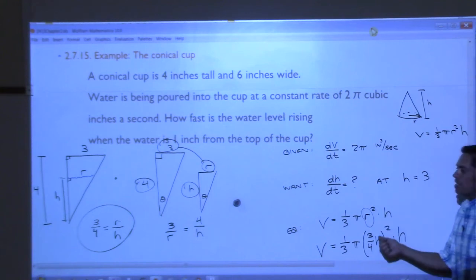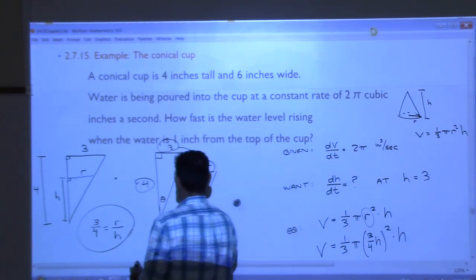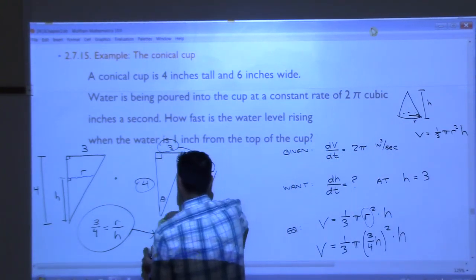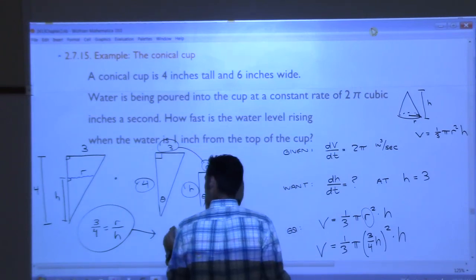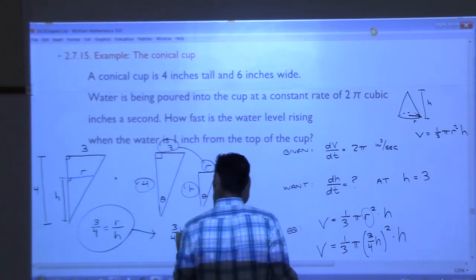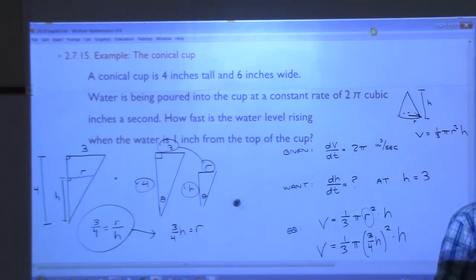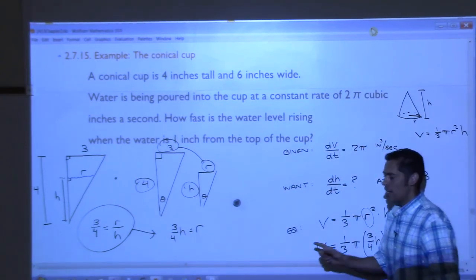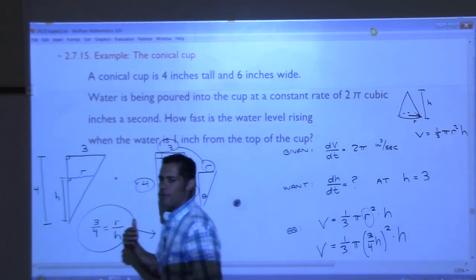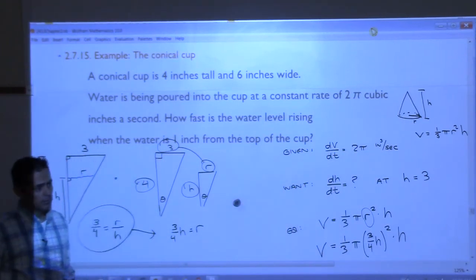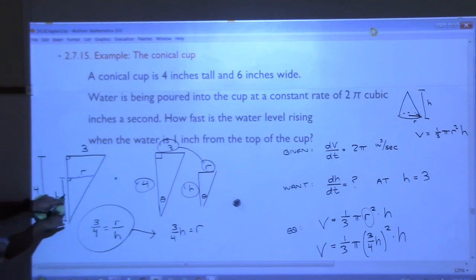This is basically telling you that for this cone, your radius is always 3/4 of the height. For this particular cone, your radius is always 3/4 of the water level, and that would be for the whole time it's moving up.